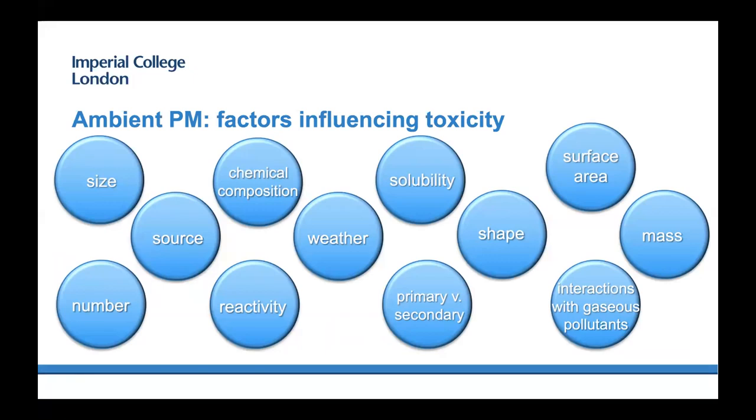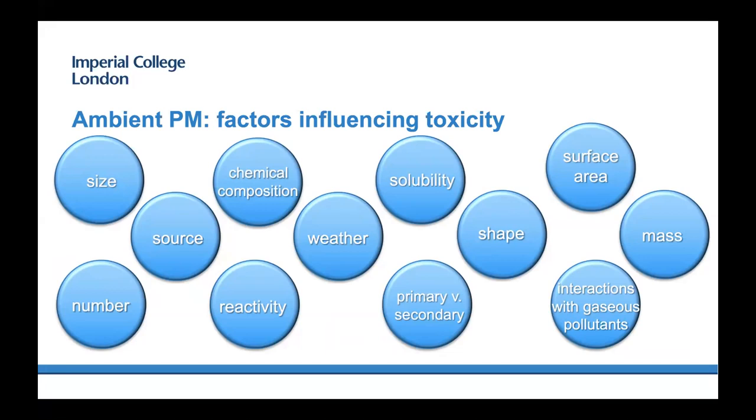Now, epi and toxicological research findings have indeed shown that PM mass comprises fractions and sources with varying types and degrees of health effects. But despite this, the question of differential PM toxicity still represents one of the most challenging areas of environmental research.